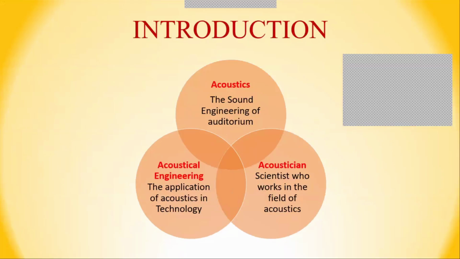Then we'll go for some acoustical materials and Sabine's formula, which we don't have to derive. Earlier there was a derivation, but now we don't have it. It's a small chapter in short. 10 marks for both the sections, acoustics and ultrasonics, right?